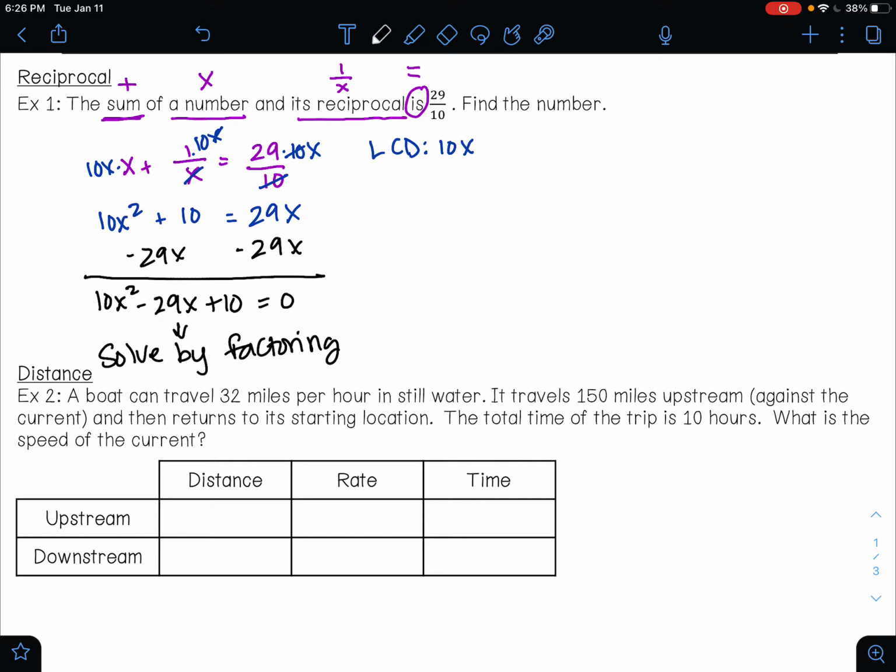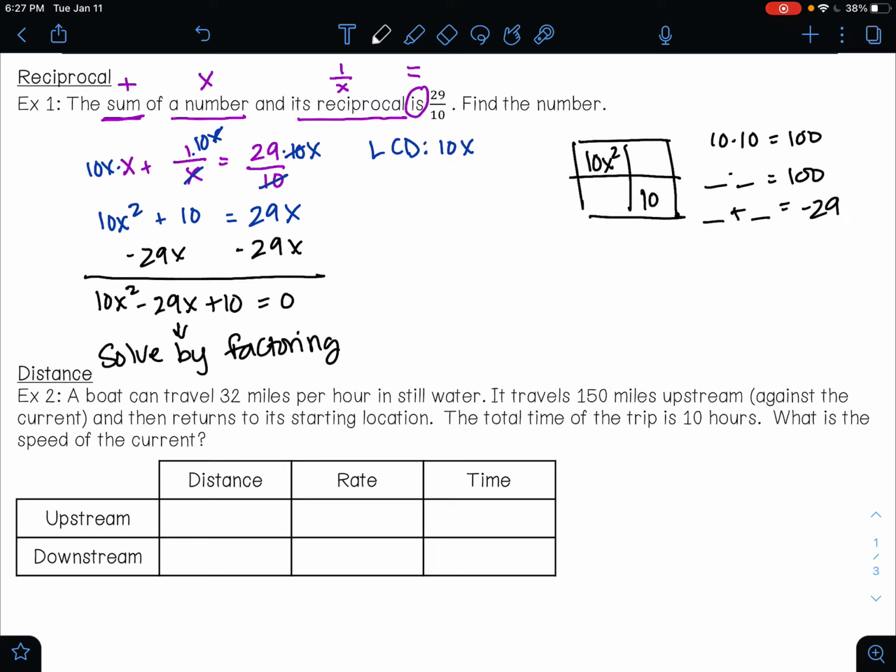I'm going to use the area model to solve by factoring. So first term goes in the first box, last term goes in the last box. You always need to multiply your first number by your last number. So I'm looking for 2 numbers that multiply to 100 and that add to my middle number of negative 29.